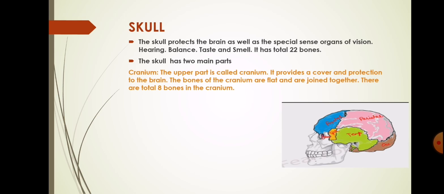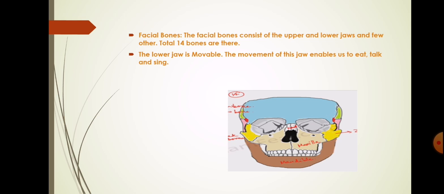The next part of the skull is the facial bones. There are 14 bones present in the facial bones. Basically the upper jaw and lower jaw are the two basic bones present in the face. The lower jaw is movable and the upper jaw is immovable.